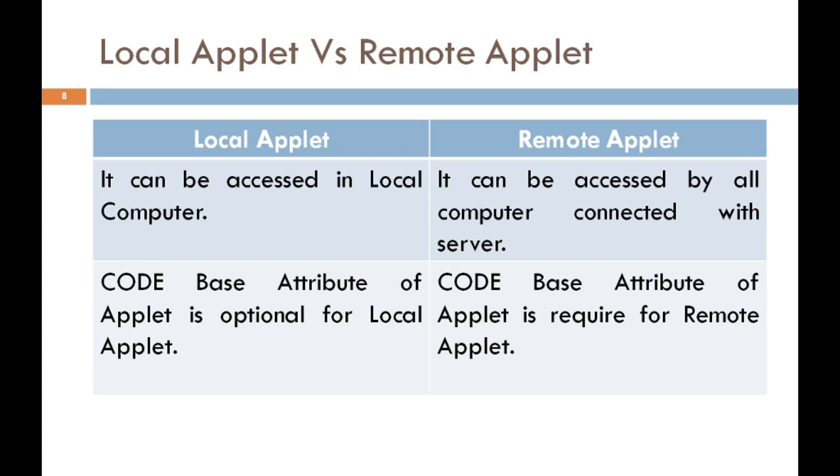While for the remote applet, we compulsorily require codebase attribute of applet which is used to specify the address of remote applet or the URL of remote applet. So these are the differences between local applet and remote applet.